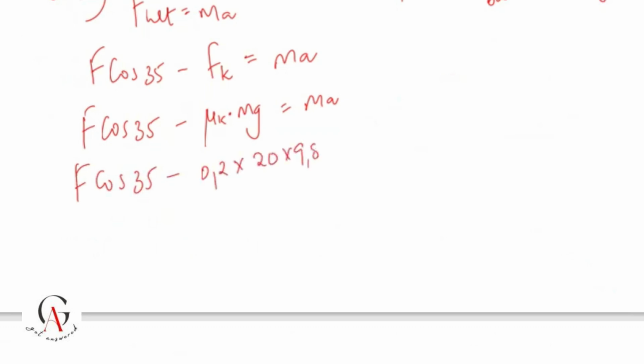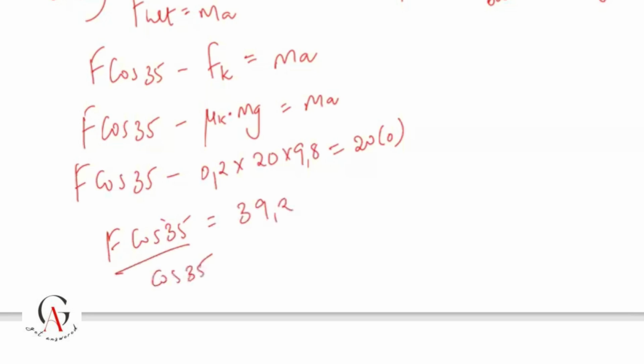The gravitation is 9,8, equal to 20 multiplied by 0. So F cos of 35, I have to move that to this side. If I put 0,2 times 20 times 9,8, that's going to give me 39,2. And then I'll divide both sides by the cos of 35 over the cos of 35.